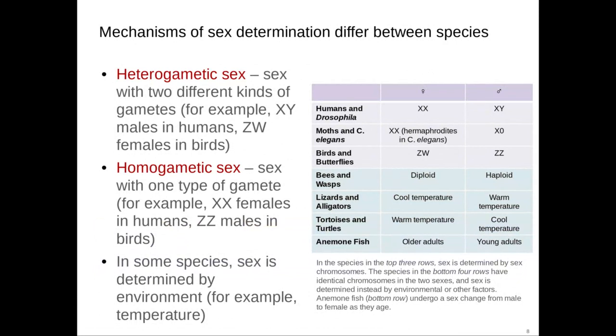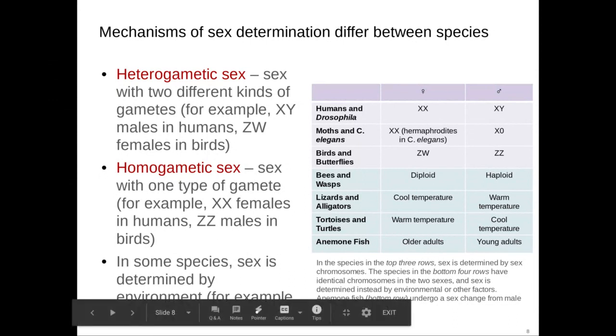Now, in terms of sex determination, we have a couple different terms. We have heterogametic sex, which is sex with two different kinds of gametes, so XY for humans and ZW for birds. Homogametic sex is sex with one type of gamete, i.e. XX females or ZZ males in birds.